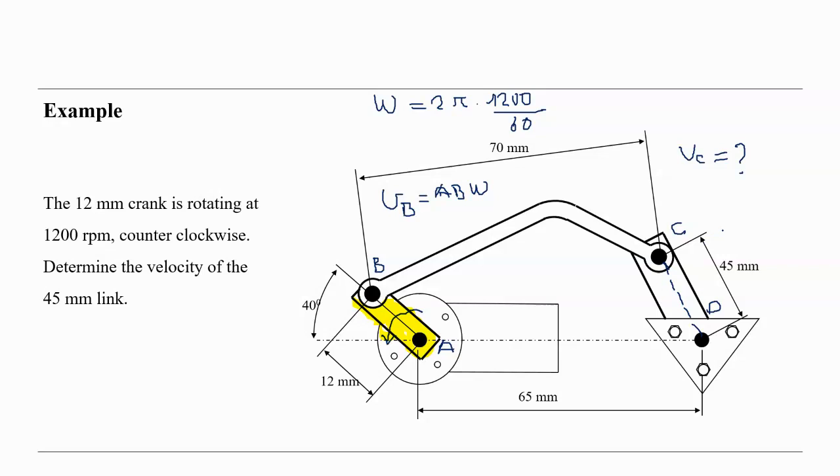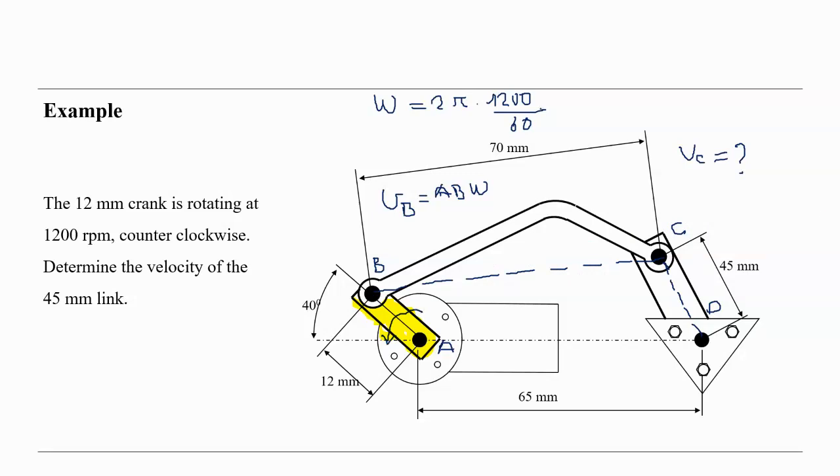We know the direction of the VC, so using this, we know the direction of VCB. VCB is like this here. We have to think of direct connections here. This is the line, VCB. The coupler can have this shape, but it doesn't matter; this line is the important one for us.